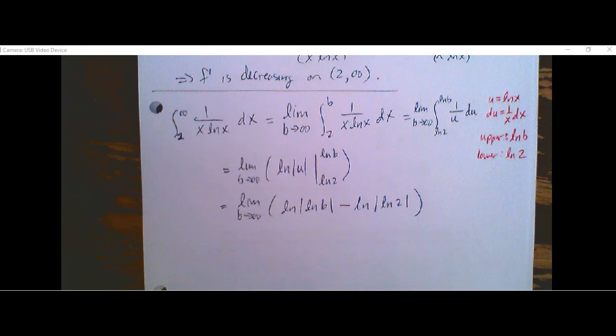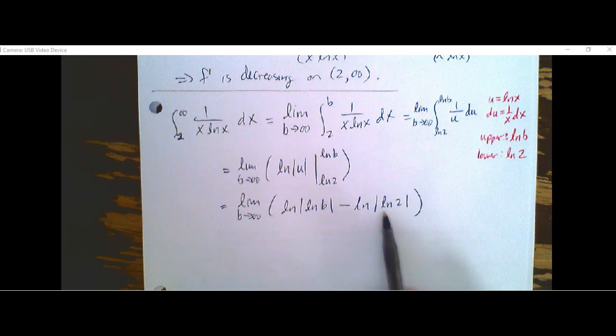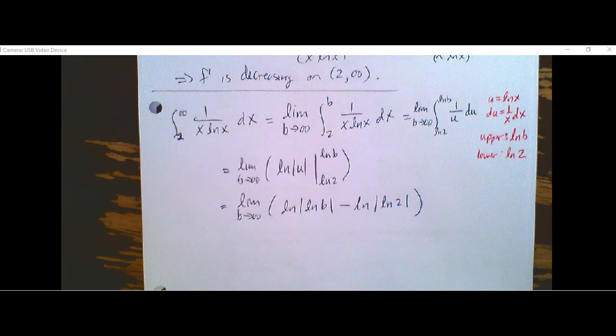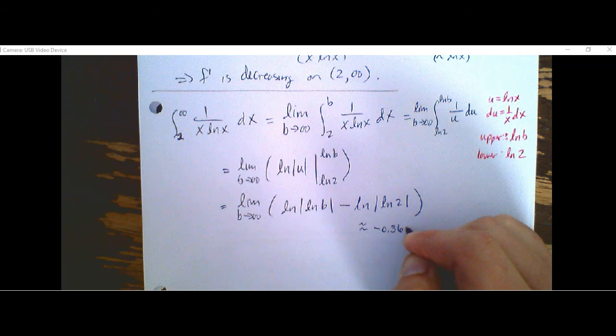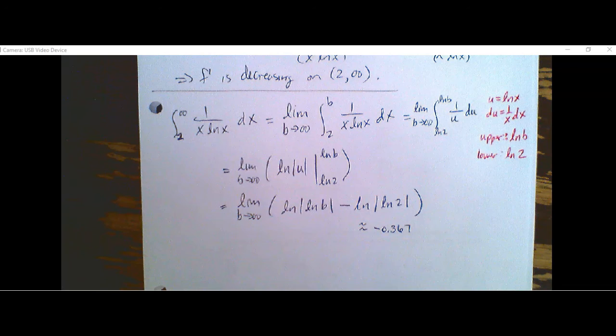Okay. So let's look. The natural log of the natural log of 2 is just some number, right? This is just some value. If you use your calculator, this is roughly negative 0.367.